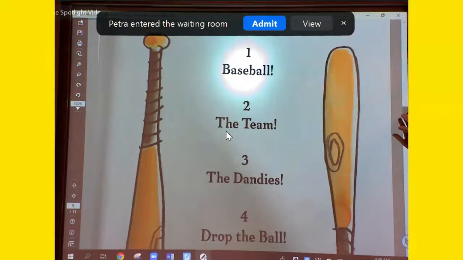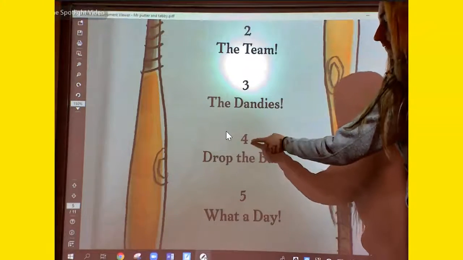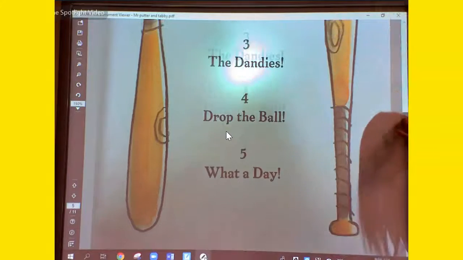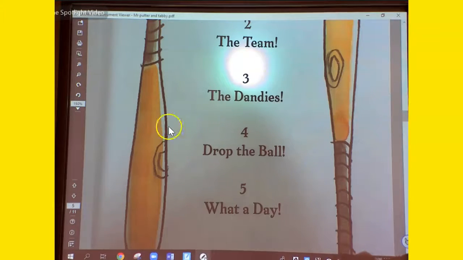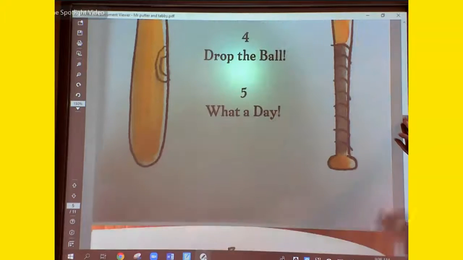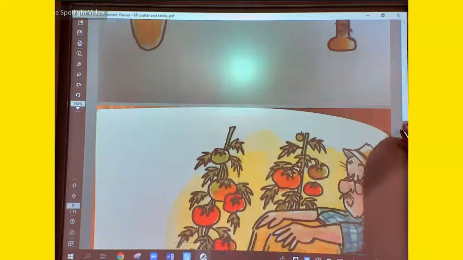We have 1, 2, 3, 4, 5 different chapters in this book. This book is a little bit longer. We're going to be working on different skills throughout this story. Okay? So we're going to just read chapter 1 today.